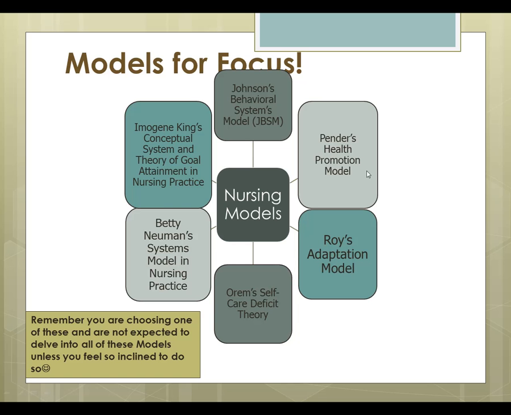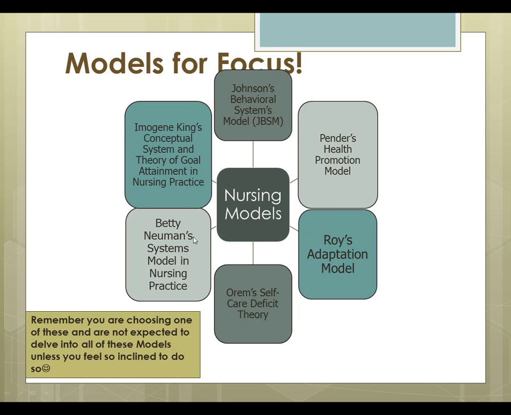Okay, so some nursing models of focus. We're going to be talking about Johnson's behavioral systems model, Pender's health promotion model, Roy's adaptation model, and Orem's self-care deficit theory. Although it says theory here, when we get into talking about her, it'll make sense why it is considered a model.